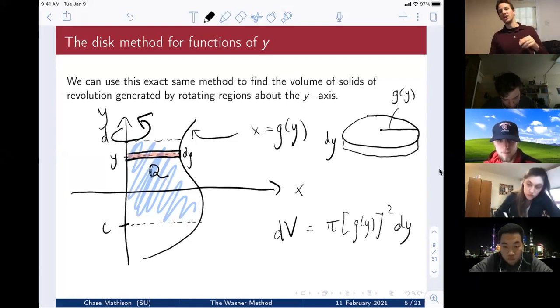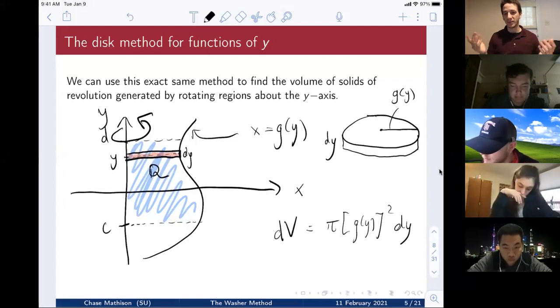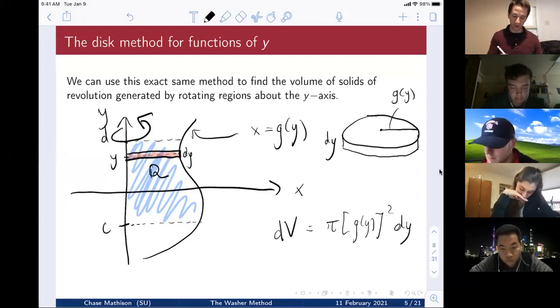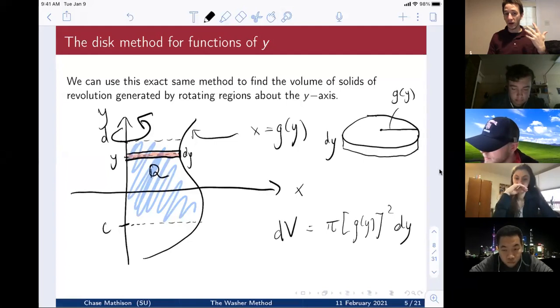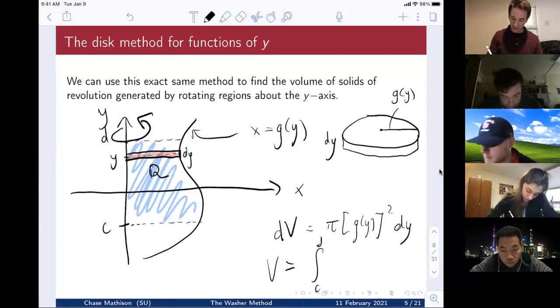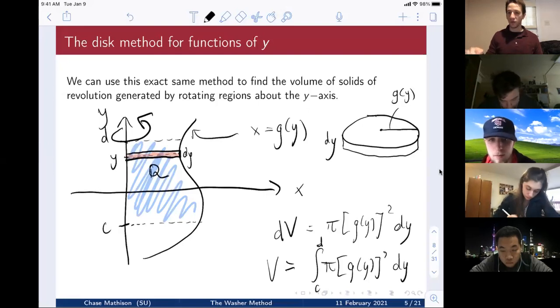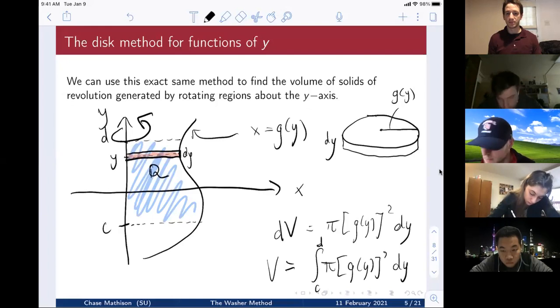It's the area of the base times the width. Then to get the volume of the whole solid of revolution, we integrate this, with y ranging between c and d. And this is where this formula comes from. It should have a square.